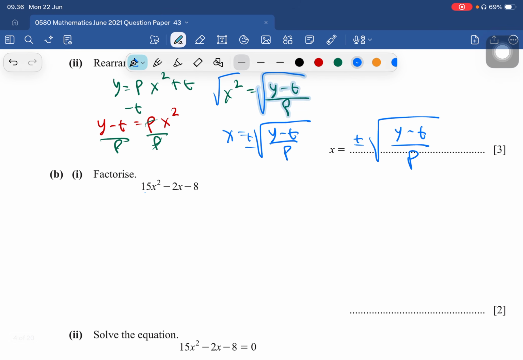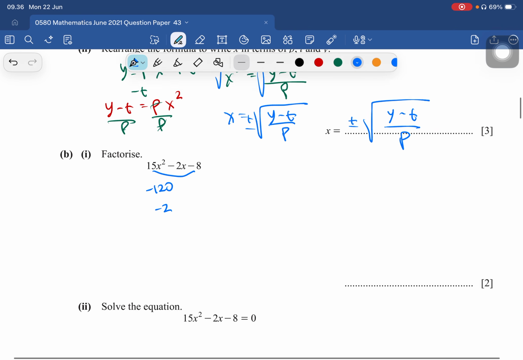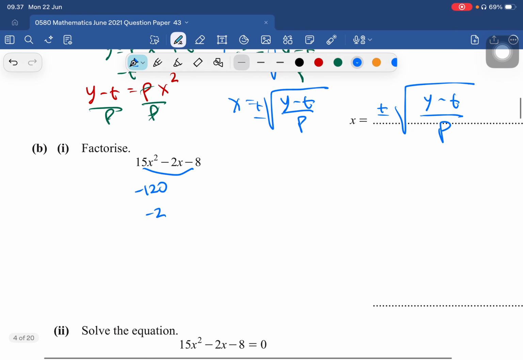Factorize it. Okay, 15x squared minus 2x minus 8. Here we multiply 15 by 8, it's going to be negative 120. Here is negative 2. Okay, we can factorize it: AC is 15 times 8, which is negative 120, and the middle term is negative 2.